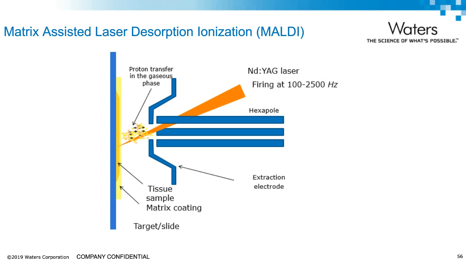MALDI has been applied to the analysis of biomolecules such as DNA, proteins, peptides, and sugars, and large organic molecules such as polymers, dendrimers, and other macromolecules. These molecules tend to be fragile and fragment when ionized by other ionization methods.